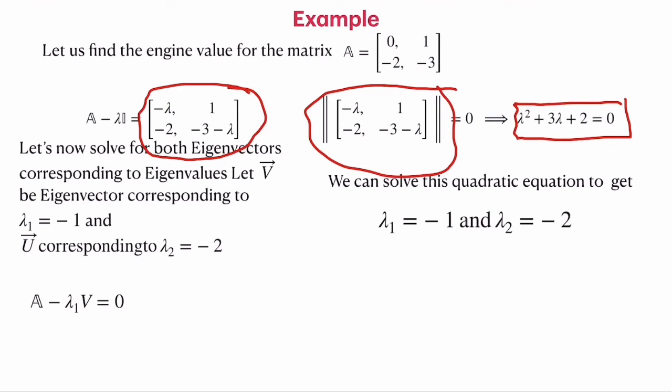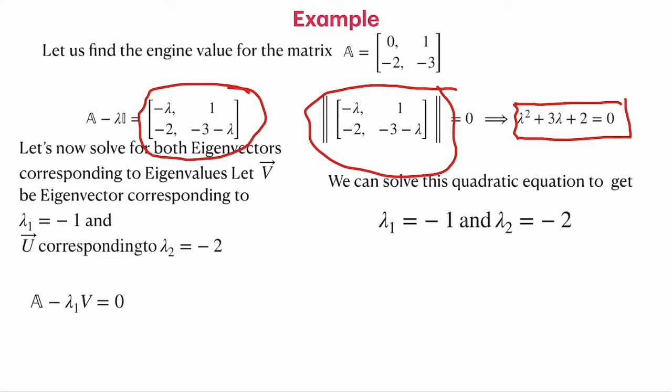Now let's find the eigenvectors corresponding to the eigenvalues lambda 1 and lambda 2. Let's say that V is the eigenvector corresponding to the eigenvalue lambda equal to minus 1, and U is the eigenvector corresponding to lambda equal to minus 2.